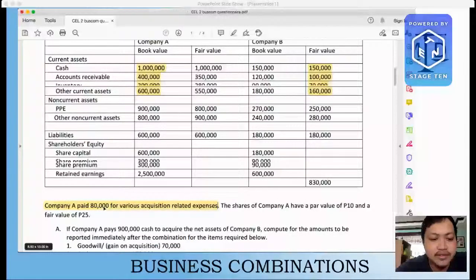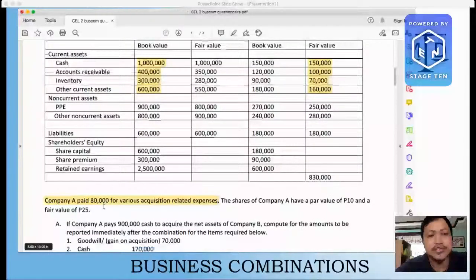Okay, so if you're asked how much is the combined cash, our answer should not be 1,150,000, should not only be 250, but it should be 170,000. Okay? Again, supposedly, if you're asked for the individual combined amounts, very simple.